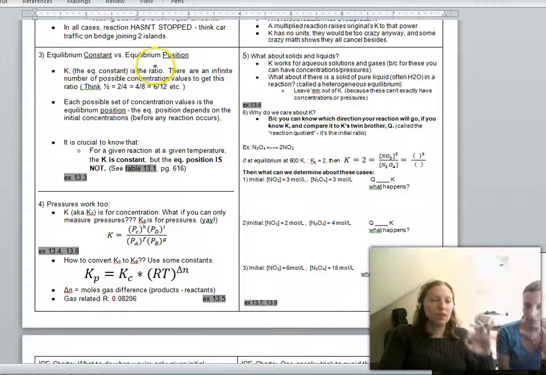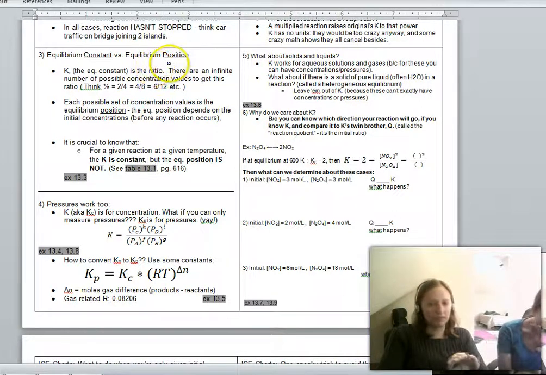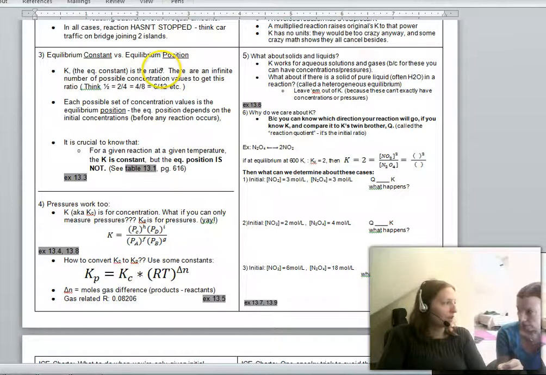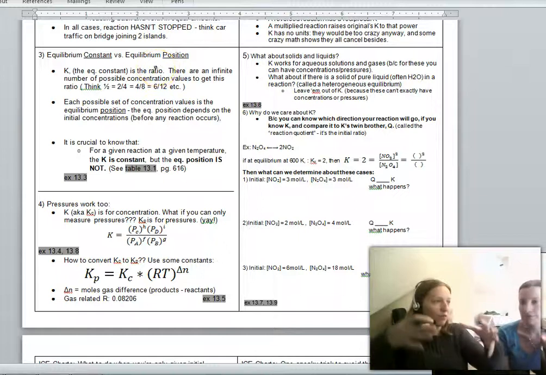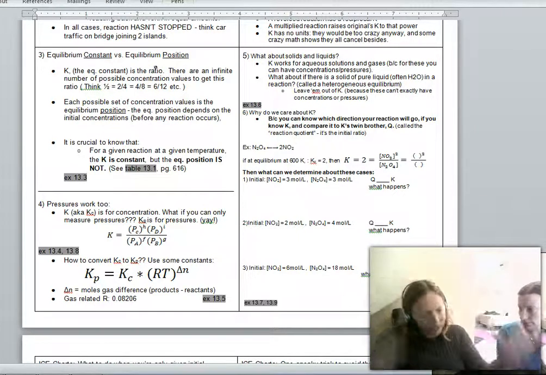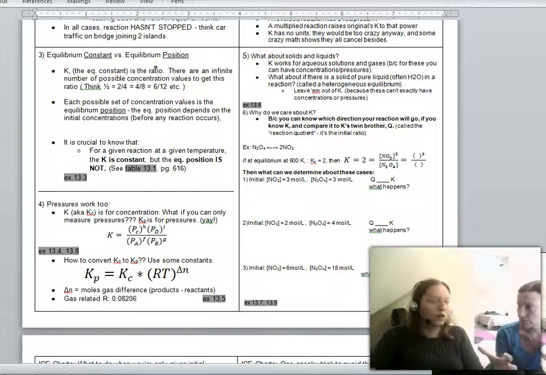there's a concept of the equilibrium constant and the equilibrium position. What's interesting is that if you're at the same temperature for a particular reaction, you always get the same K, even if you have different amounts of stuff overall. There's just a natural tendency for it to go to this kind of ratio.